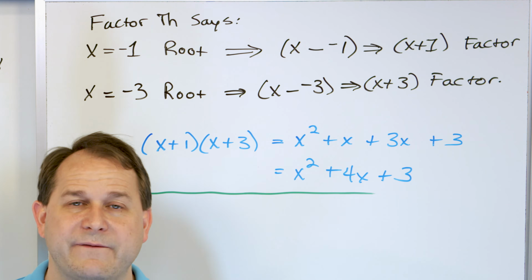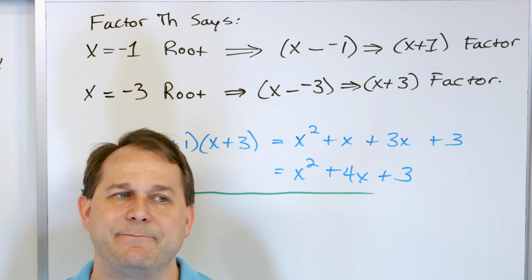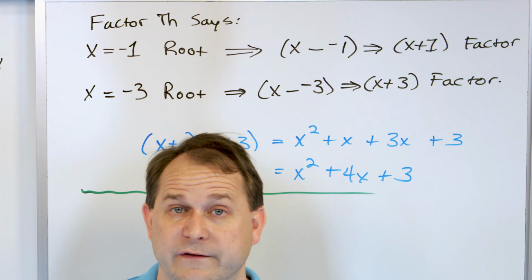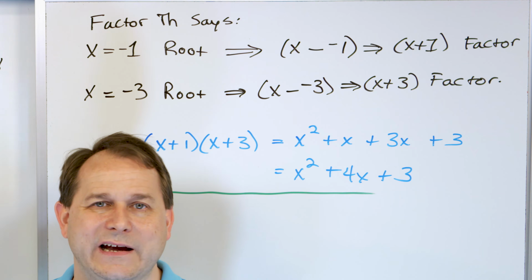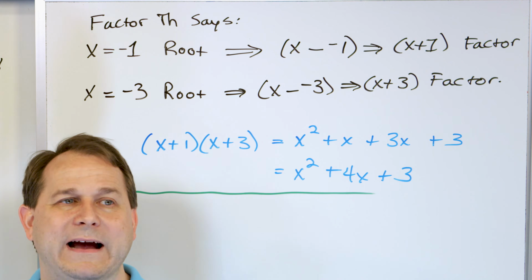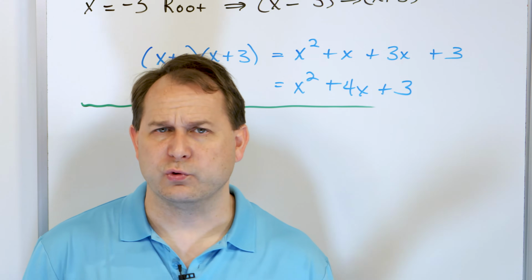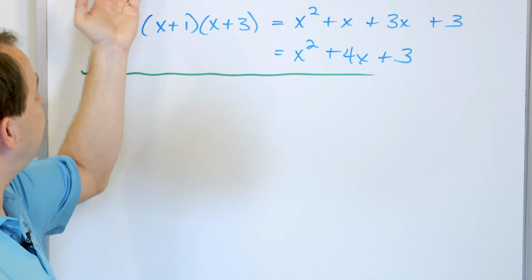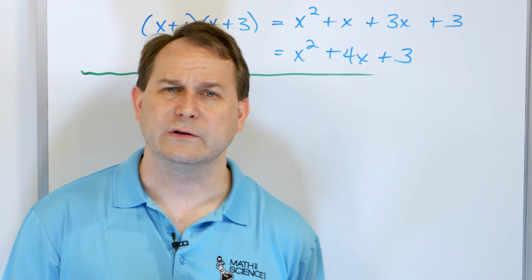But another part of the factor theorem that we're going to do when we get to the problems a little more is that if you know only one of the roots, only one of the factors, then you can actually find more factors by doing division. Let me say that again. If I only give you one of the roots, so you know one of the factors, but you don't know the other one. Let's say I only give you that the root is this one. I never told you that negative 3 was a root, right?